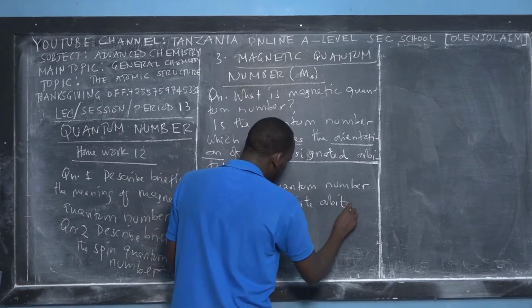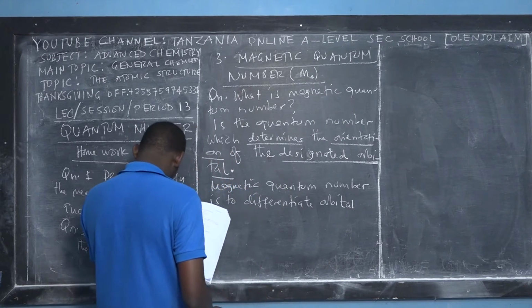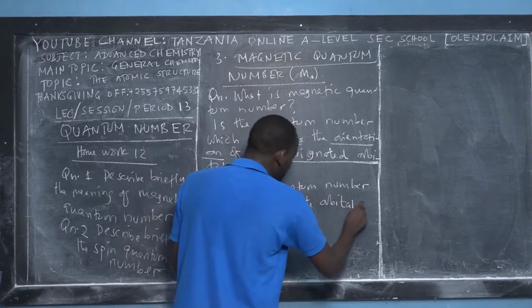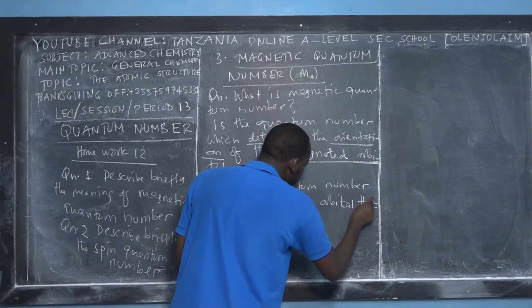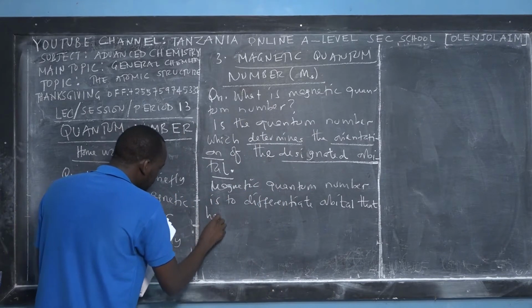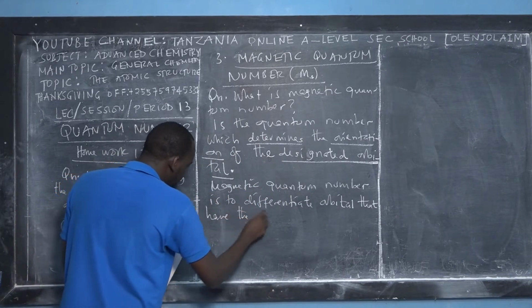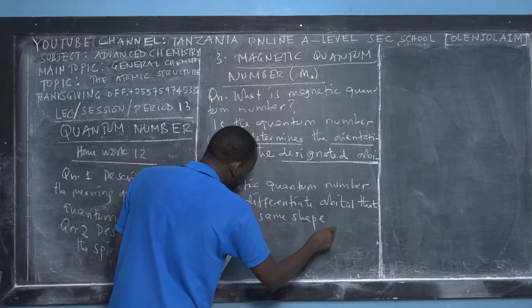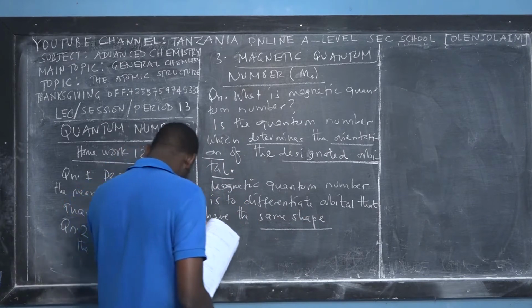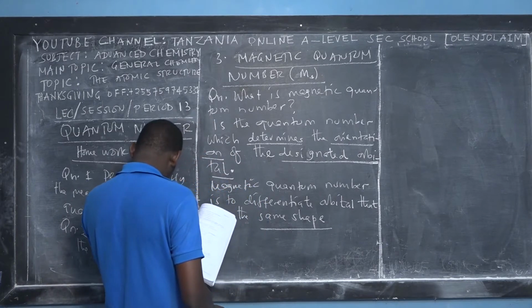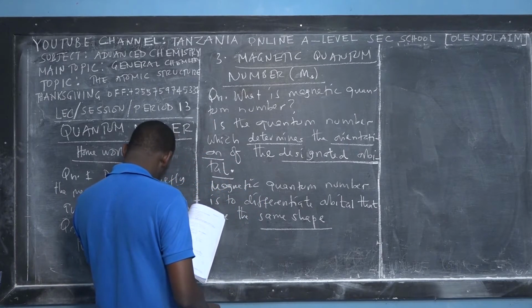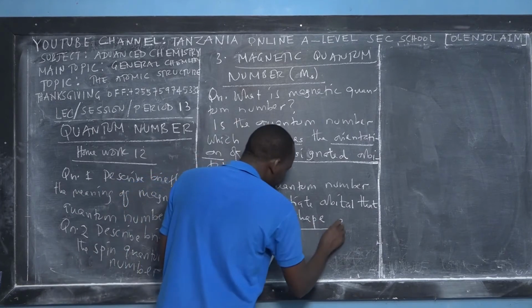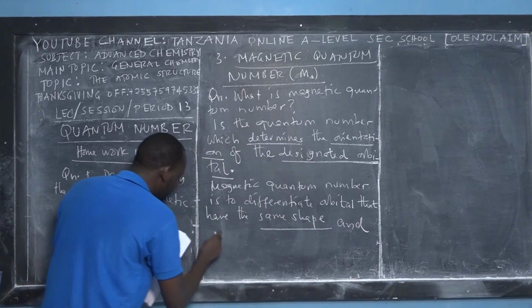It's used to differentiate orbitals that have the same shape, okay, the same shape and what? The same shape and energy.